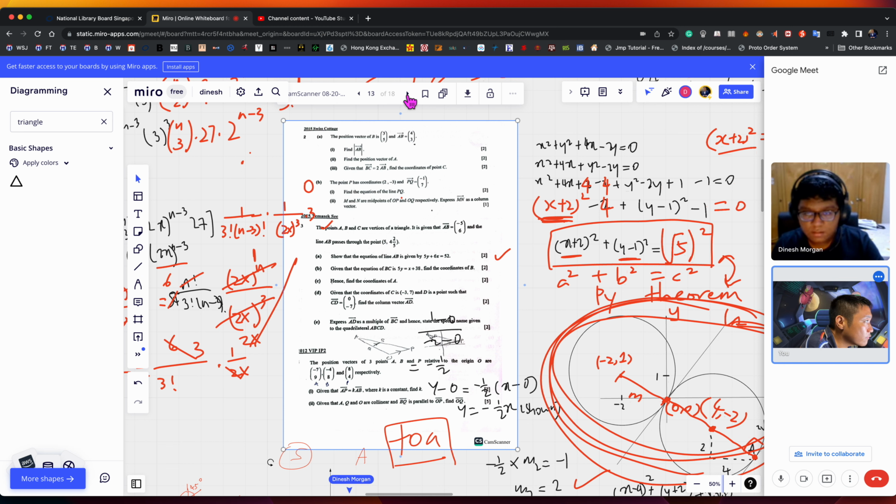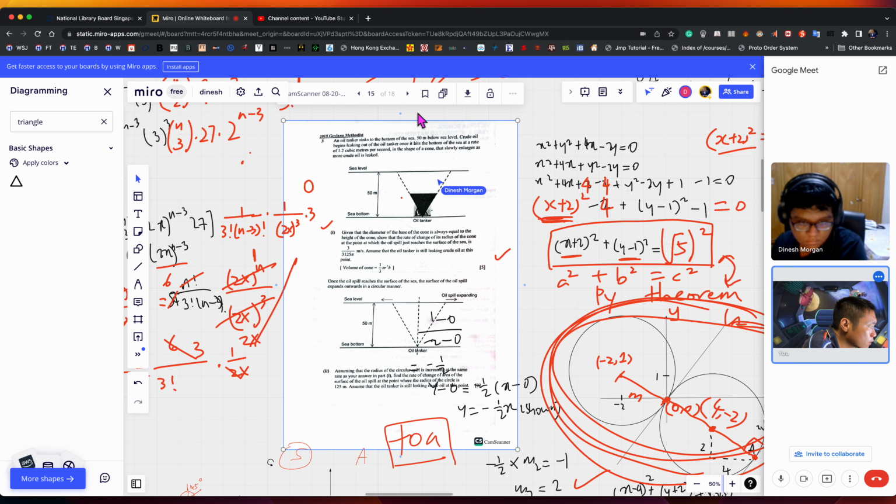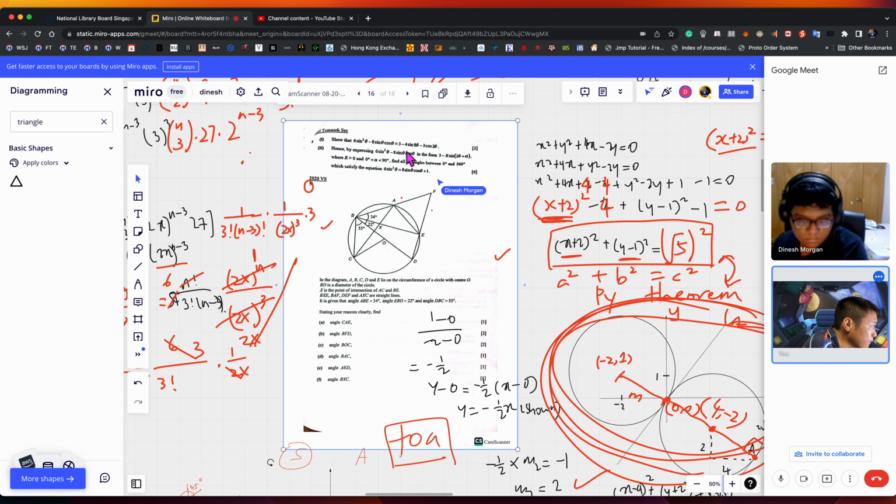Okay, this is vectors. I'm looking at another page. Okay, good. So let me see. Okay, this one should be easy. For a long time we have not talked about properties of angle.